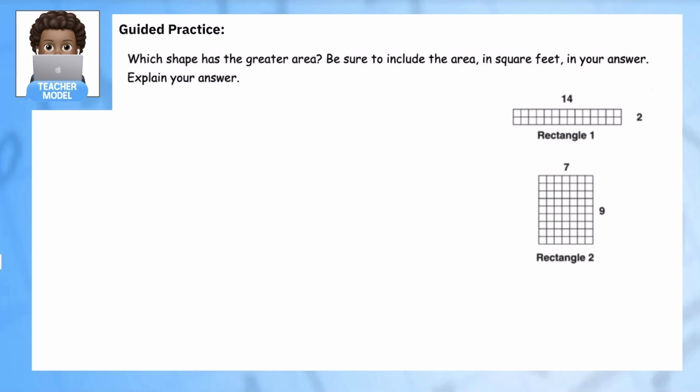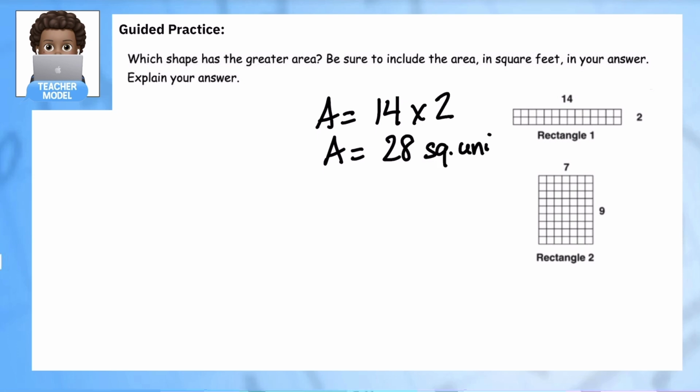All right, so which one has the greater area? Let's calculate this one. And we can see the tiling, but I'm also going to write, instead of using addition, I'm going to use my multiplication sentence. So for the first one, my area is equal to 14 times 2. That's how I can find out the total number of tiles. So the area is 28 square units. So that's my area for rectangle 1.